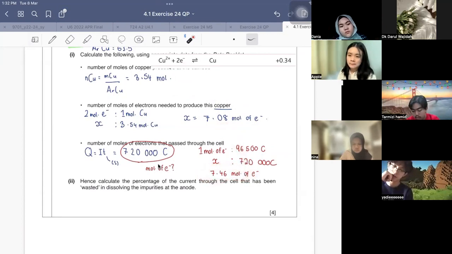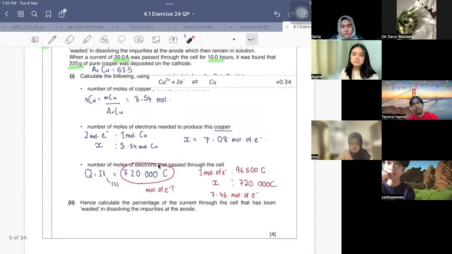And this extra electricity is thought of as being wasted, because some of this electricity is not used to produce copper, but is used to dissolve impurities in the anode. So that means it influences other reactions, not the production of copper, just other things.